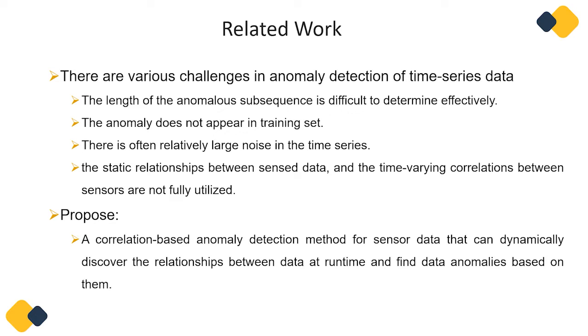The anomaly does not appear in training set, and there is often relatively large noise in the time series and so on. As a result, we propose a correlation-based anomaly detection method for sensor data that can dynamically discover the relationships between data at runtime and find data anomalies based on them.